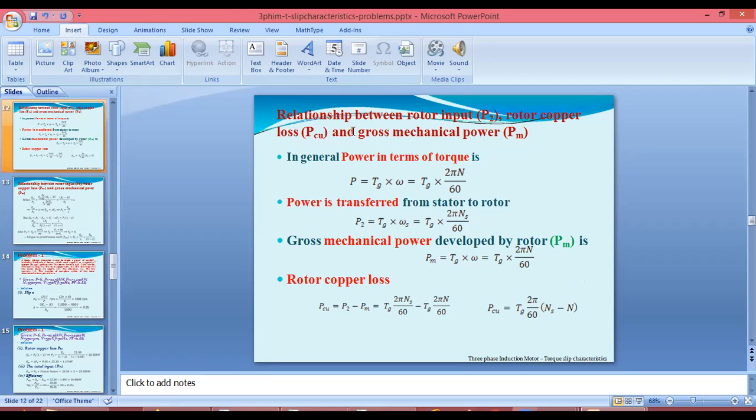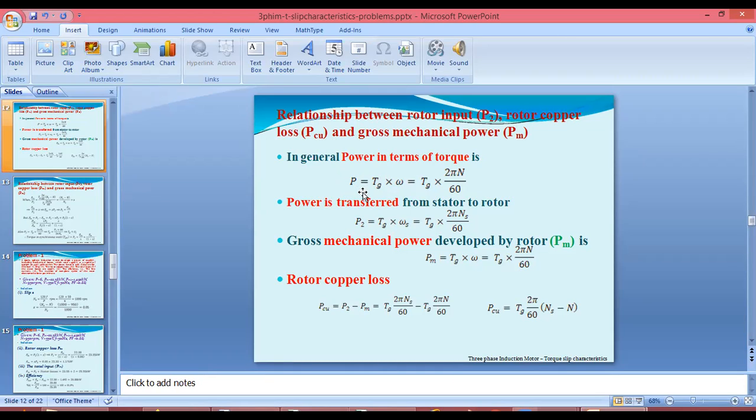So here, when we are calculating the power, we are supposed to understand about the rotor power loss, the gross mechanical power, the total power, and the rotor input. In general, in terms of torque and angular velocity, this equation we have seen in the DC motor also.